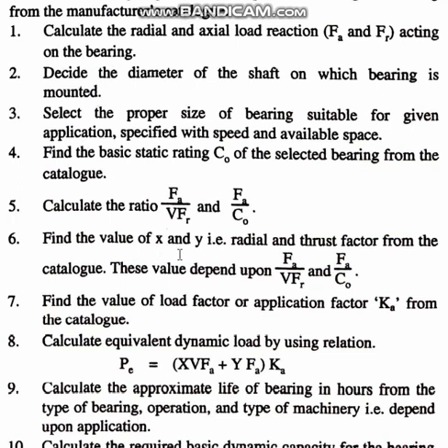Find the values of X and Y, the radial and thrust factors, from the catalog. These values depend on FA upon VFR and FA upon C0. You have to find X and Y from the catalog on the basis of these two ratios. Then find the value of load factor Ka from the catalog.